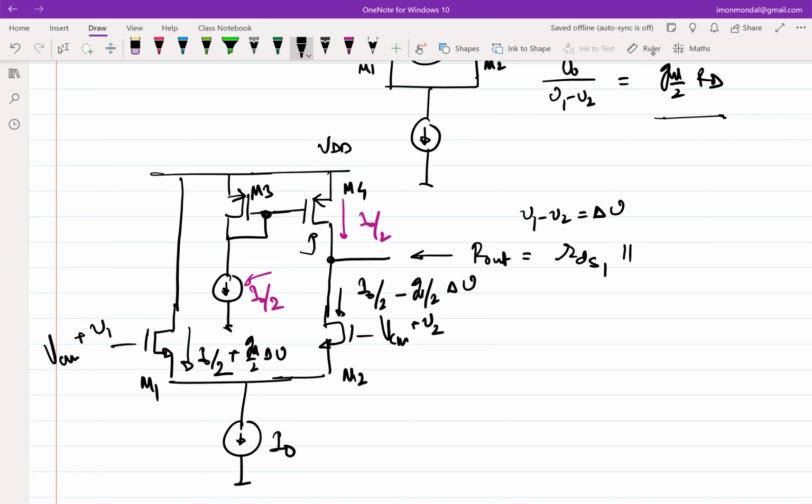It's RDS of M4, right? So this was 2 RDS1 parallel RDS4. So let's call this Rout. So where will this extra GM by 2 times delta V flow? It will flow into that Rout. It's a small signal current. It will flow into the small signal impedance. So you will get an output V0, which is equal to what?